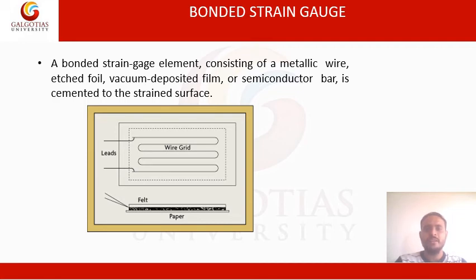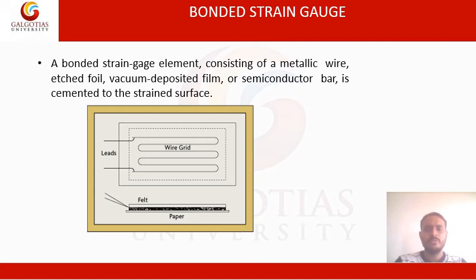In the bonded strain gauge type, the element used is fixed on a backing material, which is permanently fixed over the structure with adhesive, where the strain has to be measured. So it is fixed over the structure where we have to calculate the strain.